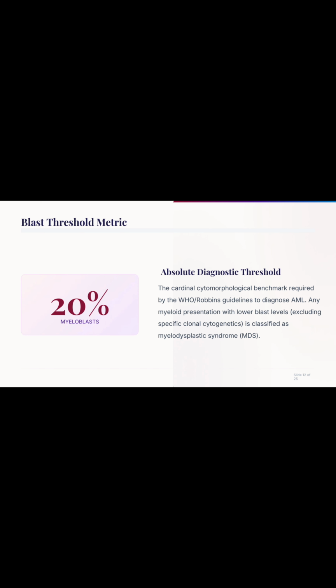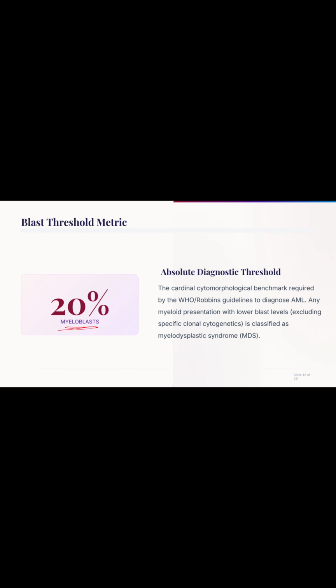Blast threshold metric. As I already told, 20% myeloblast is the criteria. If there is more than 20% myeloblasts in the peripheral smear, it confirms that it is acute myeloid leukemia.